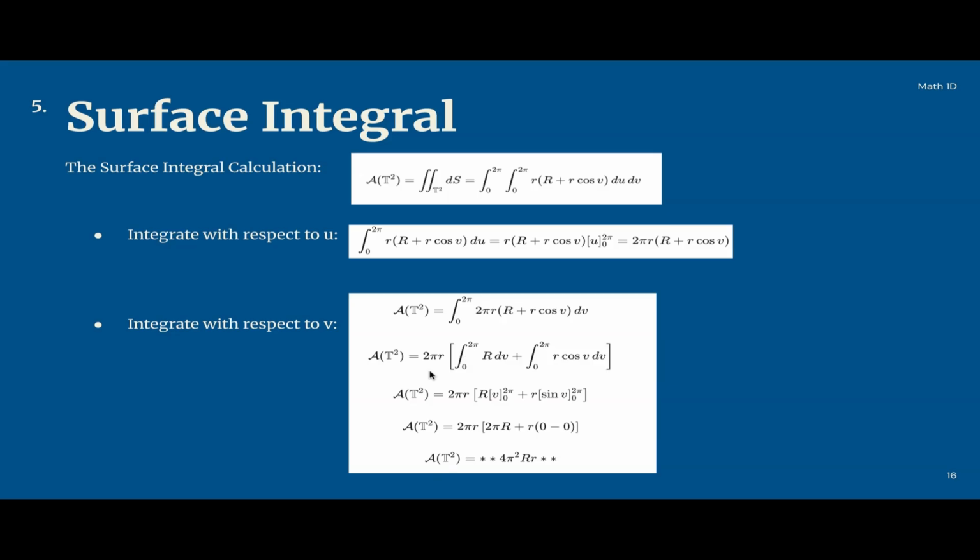We take this out, and then we separate these two parts and take the integration. Well, this is not too hard. This is just 2 pi, and this is 0. So eventually we get the surface area of the torus is 4 pi squared big R small r. That's the integration.